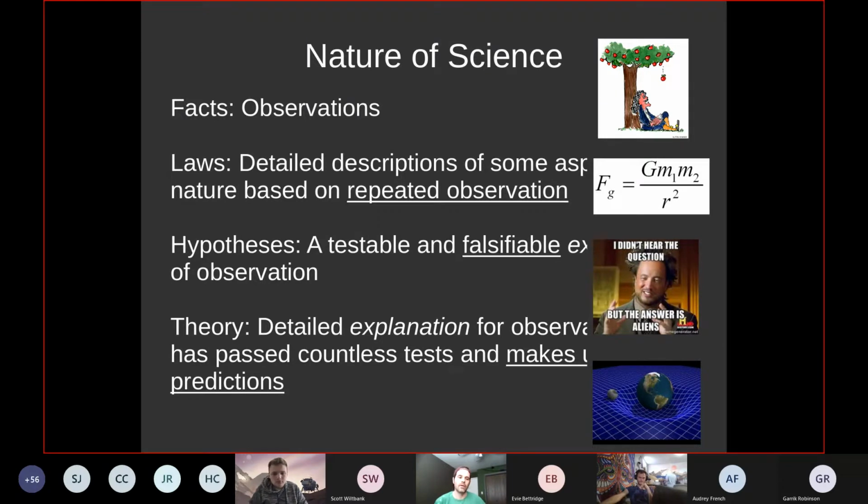Now, theories can be disproved. We can get new observations and new data and say, oh, wait, here's another potential explanation we didn't consider before. And in light of that, let's relook at this theory. But theories are pretty solid for a reason.